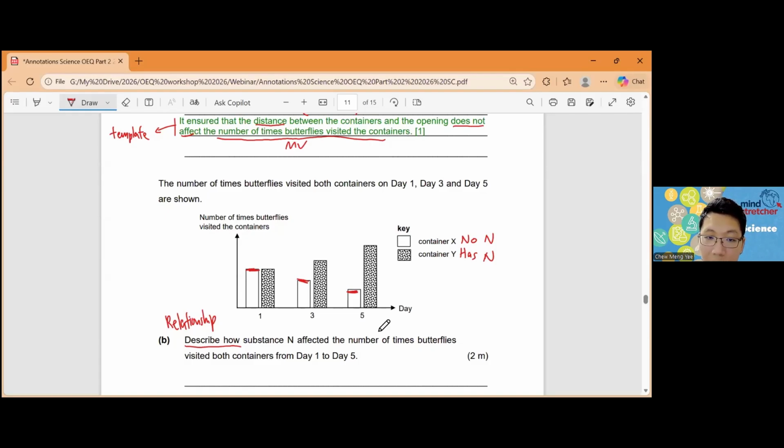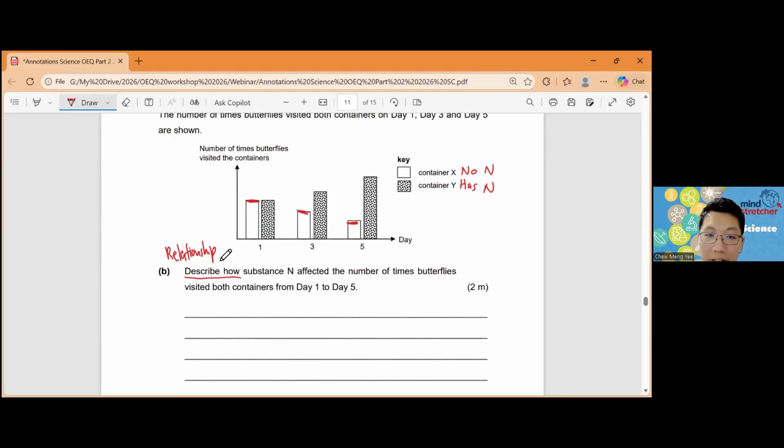So how do I explain it? You see 2 marks and it's a relationship. So I must mention for each of these containers how N is affecting the number of butterflies going to X, butterflies going to Y. So without substance N, you can see that over time it has decreased.